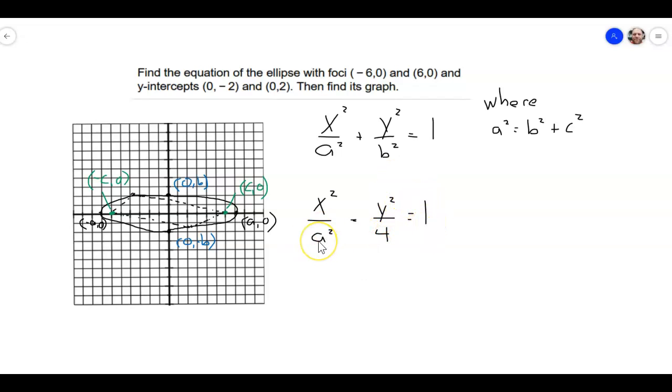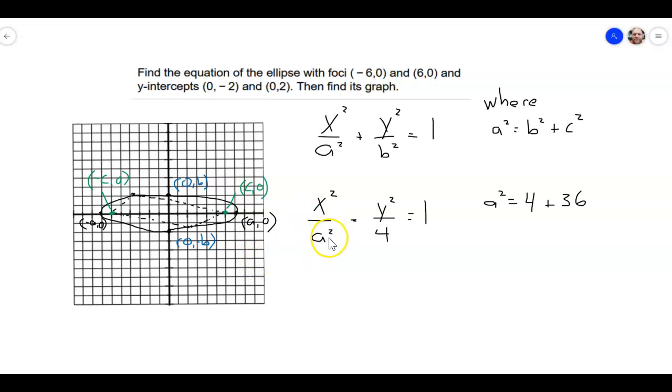So the only thing I really need is a, so I'm going to use that equation over here. a squared is going to be equal to b squared plus c squared. So b squared is 4, because that's 2 squared, plus c squared, that's 6 squared, so that's 36. So a squared is going to be equal to 40.